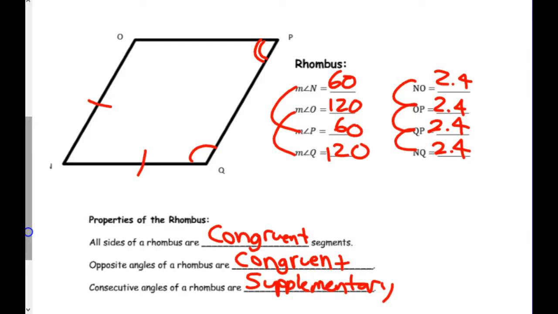All sides are congruent. Opposite angles are congruent. Okay. Technically, we should put some parallels on here. Doesn't work unless it's parallel. All right, so that's a rhombus.